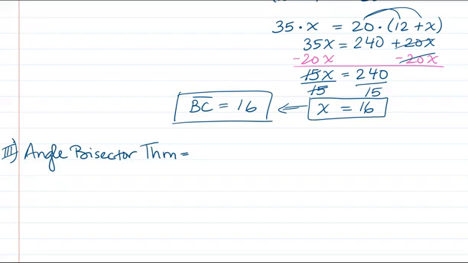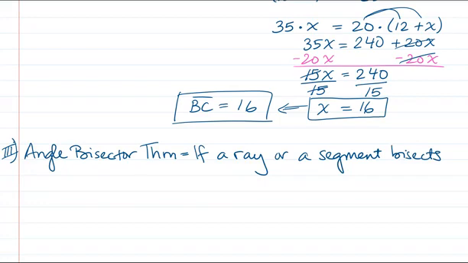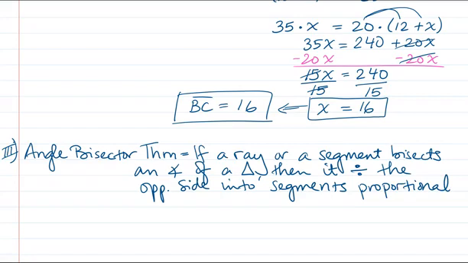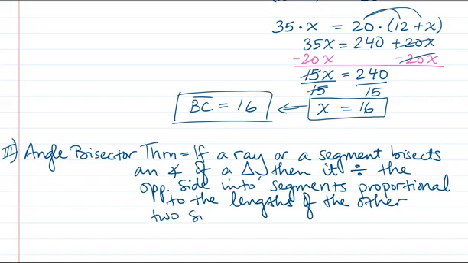So this is saying that if a ray or a segment bisects an angle of a triangle, then it divides the opposite side into segments proportional to the lengths of the other two sides.